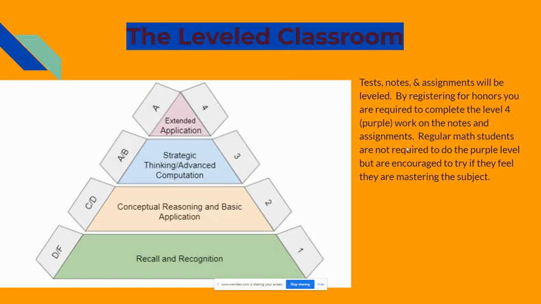The orange level is just basic, what we have to know in order to do this. And then when we're looking at repeating and memorizing, that's your green level: recall, vocabulary type stuff that we introduce. So for the leveled learning, we want to be around the blue and purple for everybody in class.